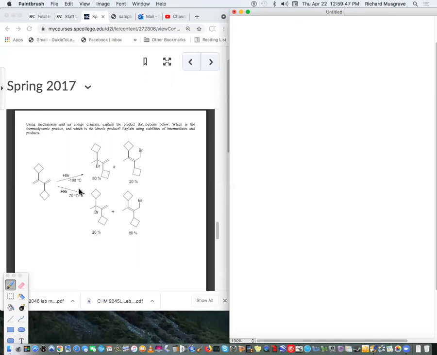Okay, so we've got a low temperature and a high temperature here. The first thing you want to do is show the products, and you'll have 2 pathways here.